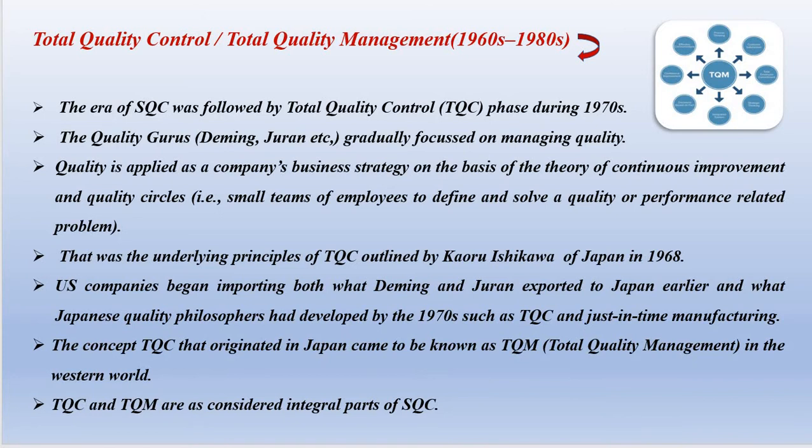The era of SQC was followed by the total quality control phase during the 1970s. The quality gurus Deming, Juran, etc. gradually focused on managing quality. Quality is applied as a company's business strategy on the basis of the theory of continuous improvement and quality circles. That is, small teams of employees define and solve a quality or performance related problem. That was the underlying principle of TQC outlined by Kaoru Ishikawa of Japan in 1968.